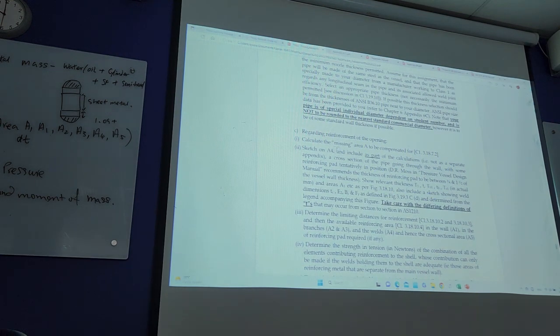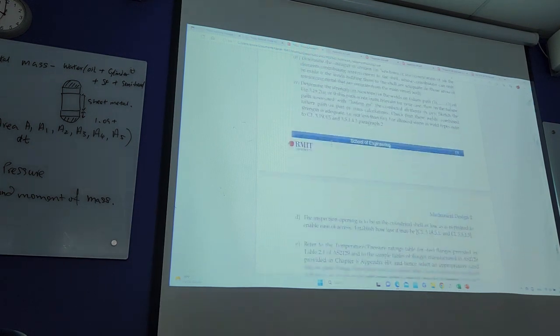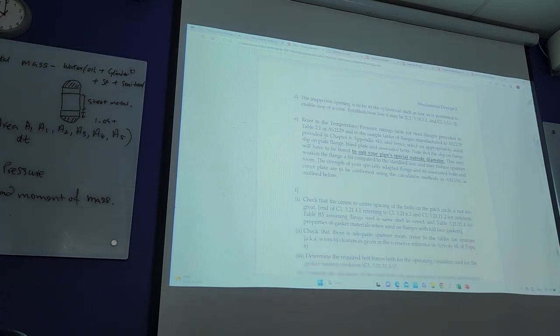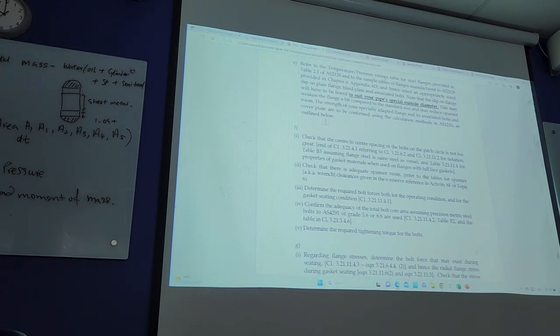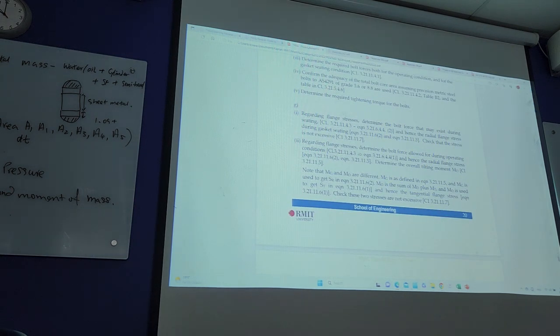Also important, you need to know the bolt force. And then determine whether hydrostatic means operating or sitting. If there's a pressure from the vessel, it's called operating. Without the pressure, it's called sitting. All this you need to know and then you are able to do the questions.